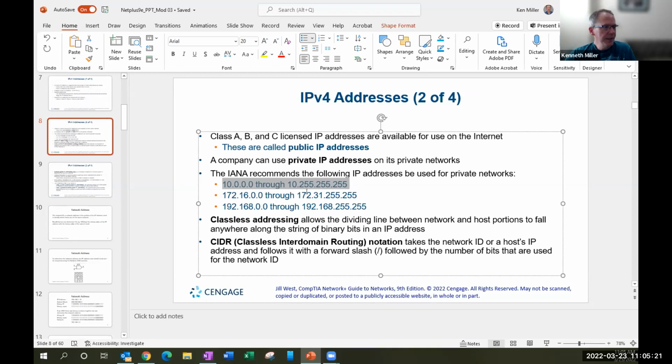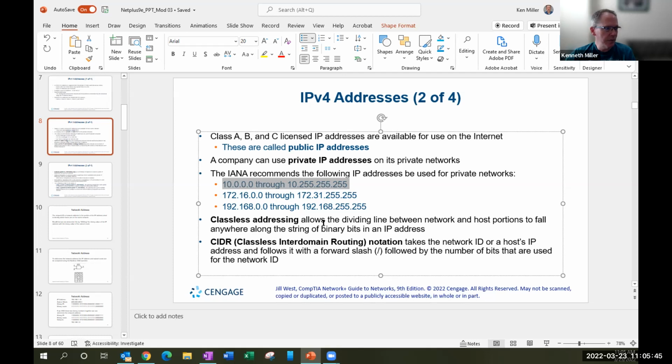All right. Now, most of our networking today is going to use what is known as classless interdomain routing, or CIDR notation. And what that means is you count the number of ones in the subnet mask.